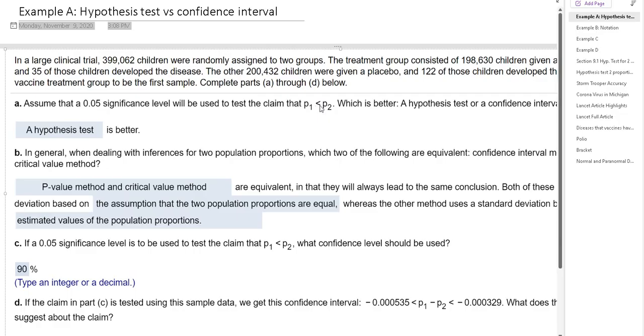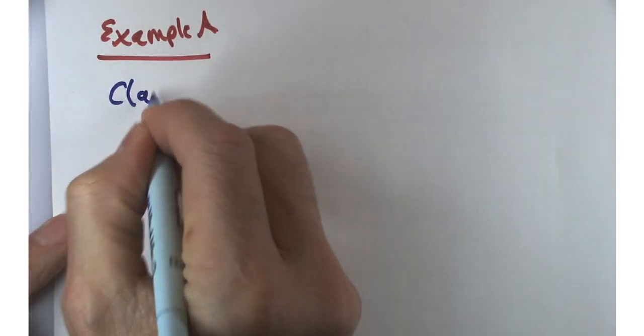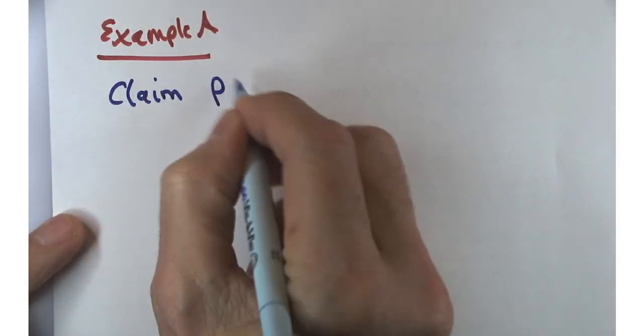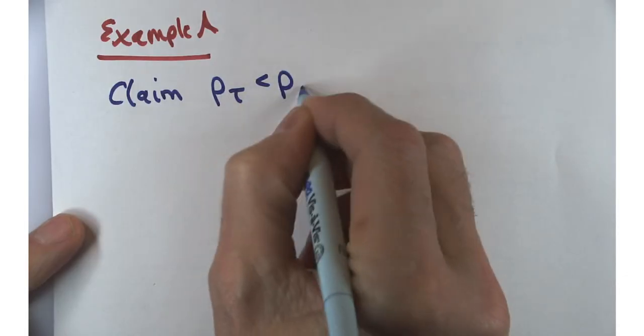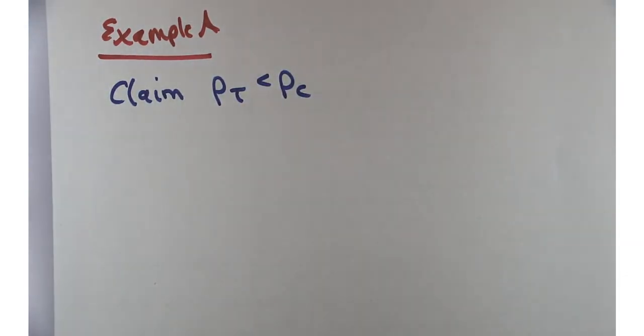Basically, that the treatment group is less than the control group. I like those better, so let's go with that. Let's start out with the claim that P sub T is less than P sub C. You can use P1 and P2. It's up to you.